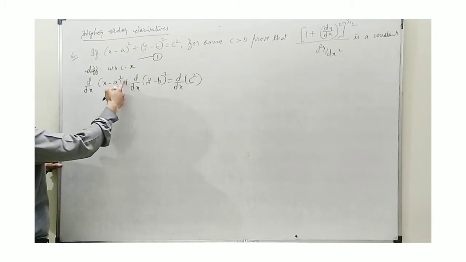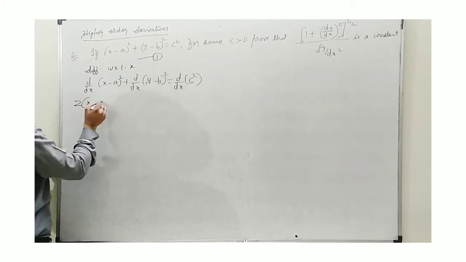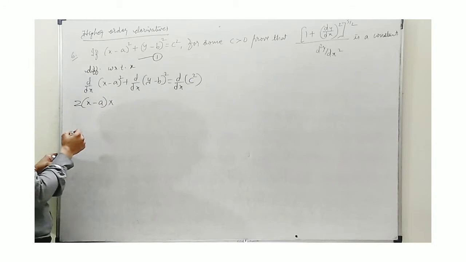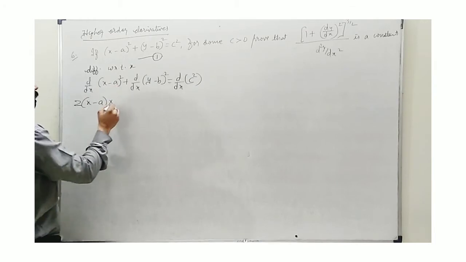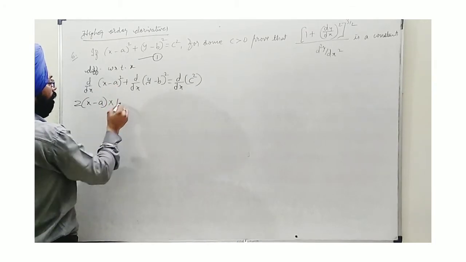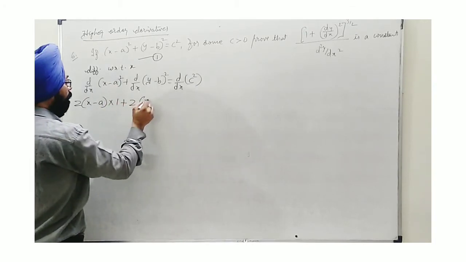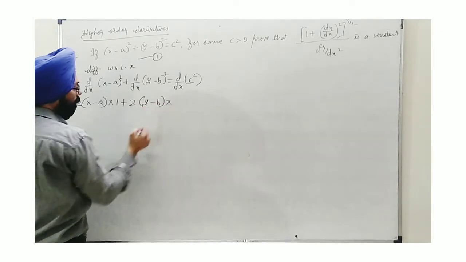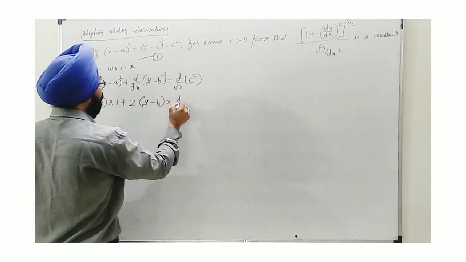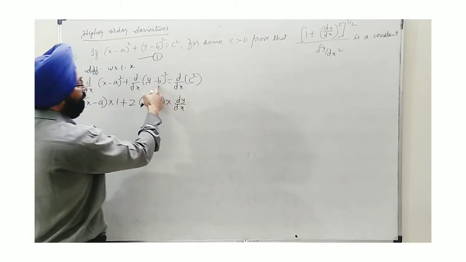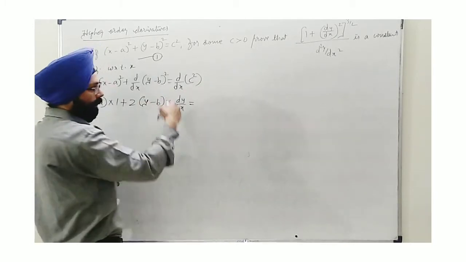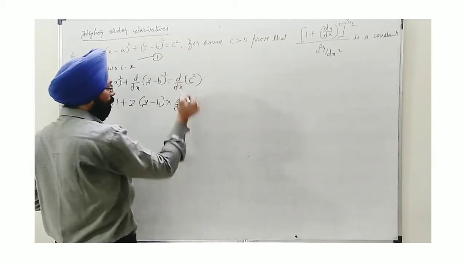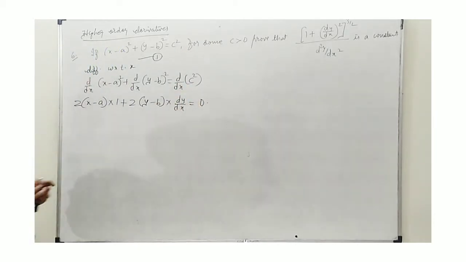Here first of all the power should be solved: 2 into x minus a, then comes the derivative of the base. Base is x minus a, this will turn 1. Differentiation of x is 1 but a is 0, so 1 minus 0 will give you 1 only. Here same, 2 into y minus b, but y minus b differentiated we have dy by dx minus 0, so remaining dy by dx itself. C square, as we are given a positive value, a constant, will turn 0.